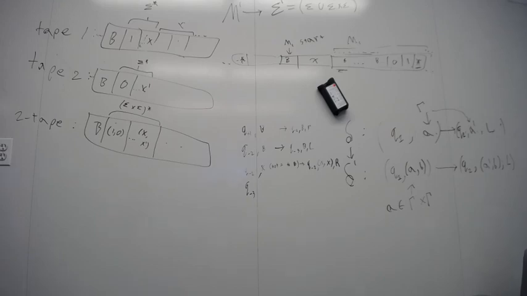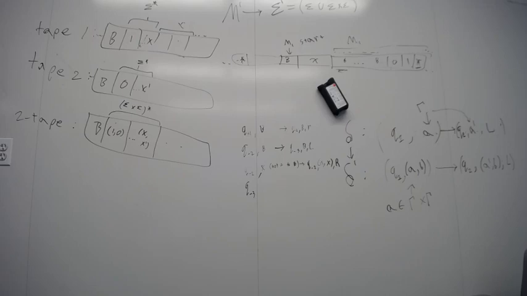Q0 is the start state, so I guess I should use Q0. Okay. I think I get it now. Yeah, it's the tape alphabet. So it's not in sigma, so we don't have to worry about blank.